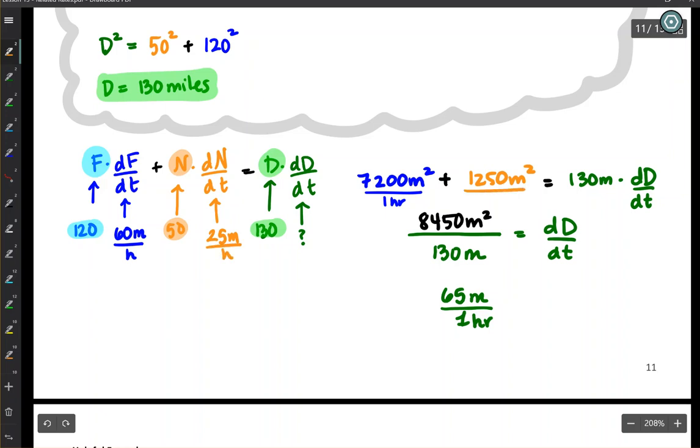So miles times miles is miles squared divided by the 1 hour per hour. Beautiful. And we are done. The rate at which the distance between them is increasing is 65 miles per hour 2 hours after they started driving.